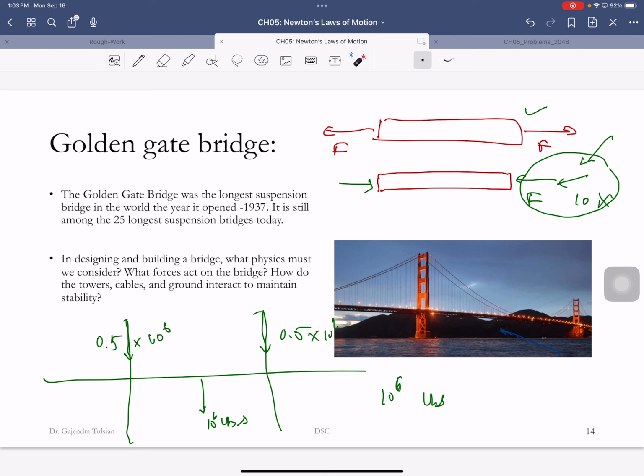So you split the weight of this bridge. So this 1 million pounds, 500,000 is being supported here, 500,000 is being supported here. You've broken it up into 2 pieces, and that's what's supporting it. See, this is a compressive force on these large structures, and these can bear the compressive forces.